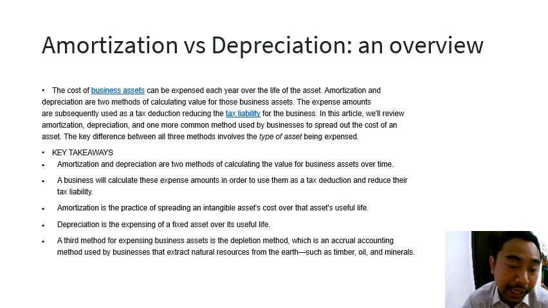Depreciation is the expensing of a fixed asset over its useful life. A third method of expensing business assets is the depletion method, which is an accrual accounting method used by businesses that extract natural resources of the earth, such as timber, oil, and minerals.